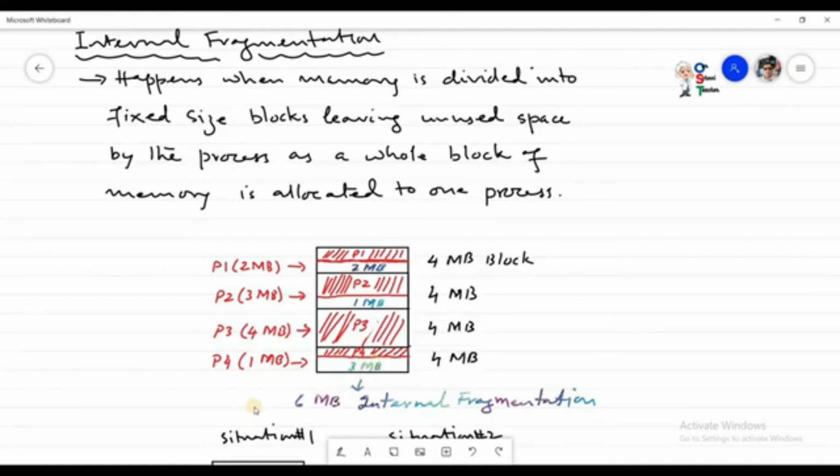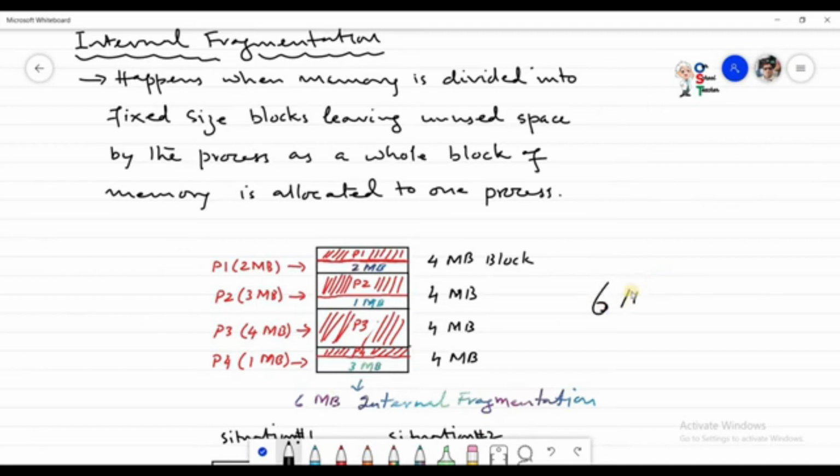So if P5, for example, is required to be loaded, and it requires, for example, 5 MB. Now 5 MB is there in the memory. 3 plus 1 plus 2. 3 plus 1, 4. 4 plus 2, 6. 6 MB is free at present.